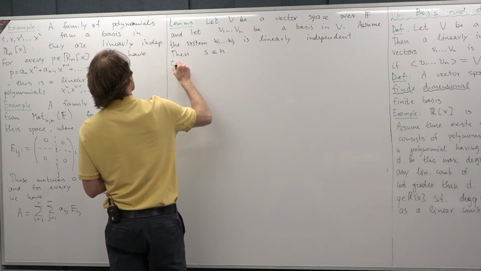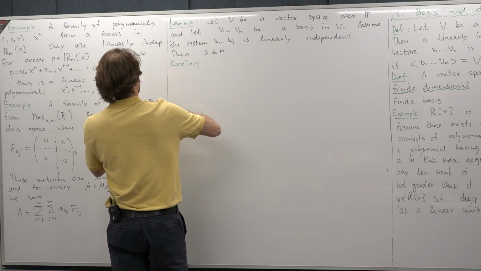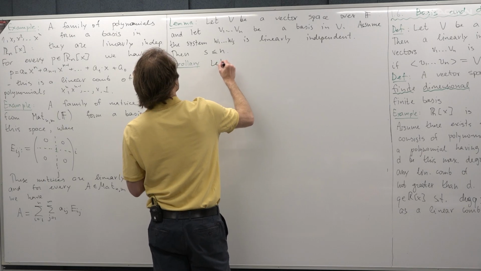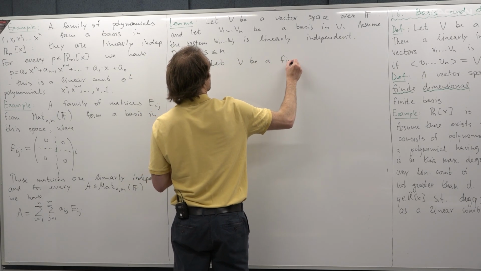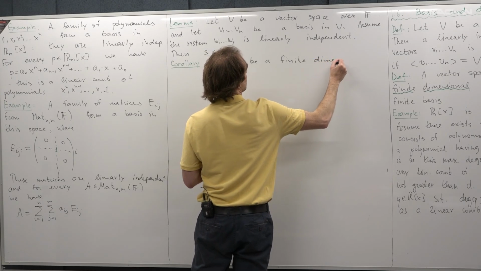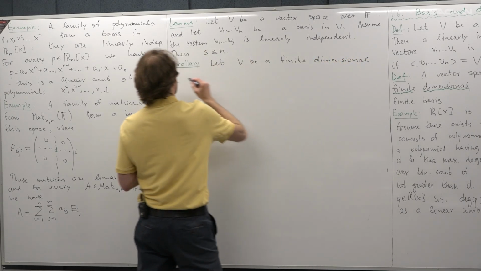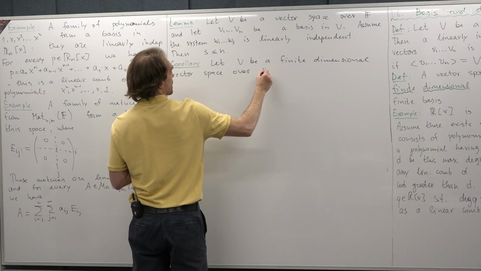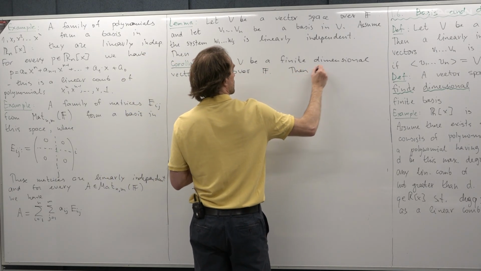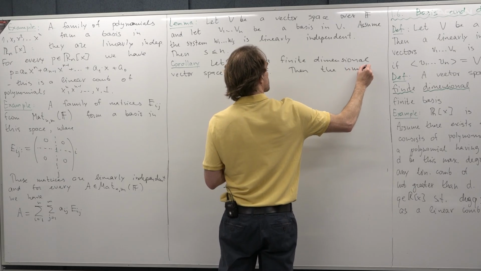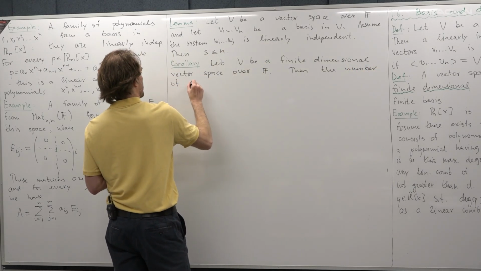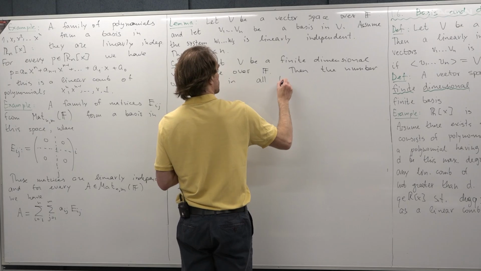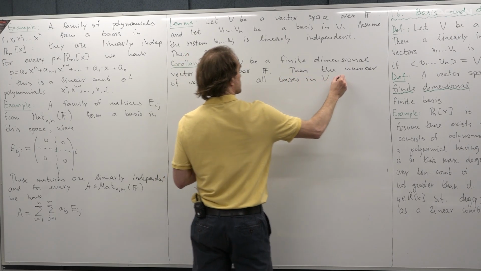So let V be a finite dimensional vector space over F, then the number of vectors in all bases in V is the same.